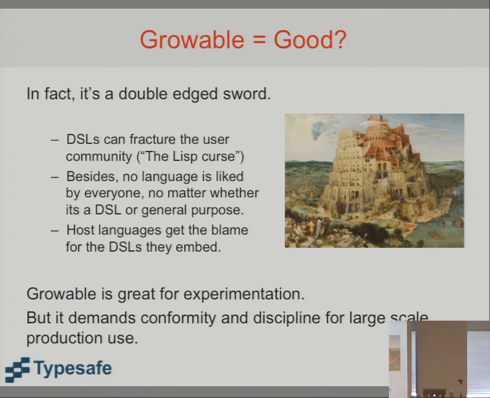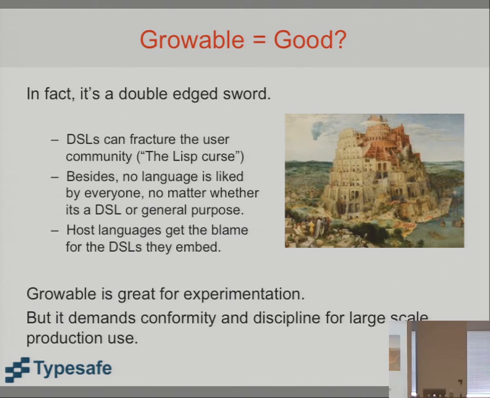The other issue is that, of course, once you have all these DSLs, then not everybody likes each other's DSL. For domain-specific languages, that's the same problem as for general-purpose programming languages. People have tastes. They like one language much better than the other, and the same holds for the domain-specific languages. So that also can lead to some of these fights.